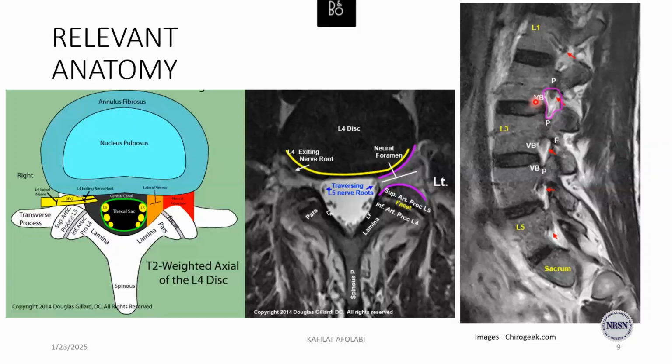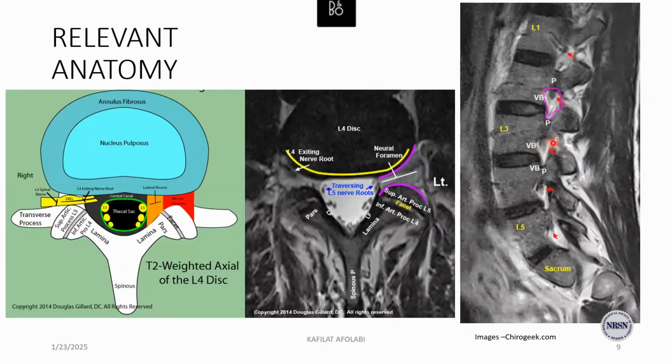VB is the vertebral body, which is the anterior-most relation. So we can see this neural foramina, the exiting nerve root, and the surrounding fat giving this keyhole appearance.